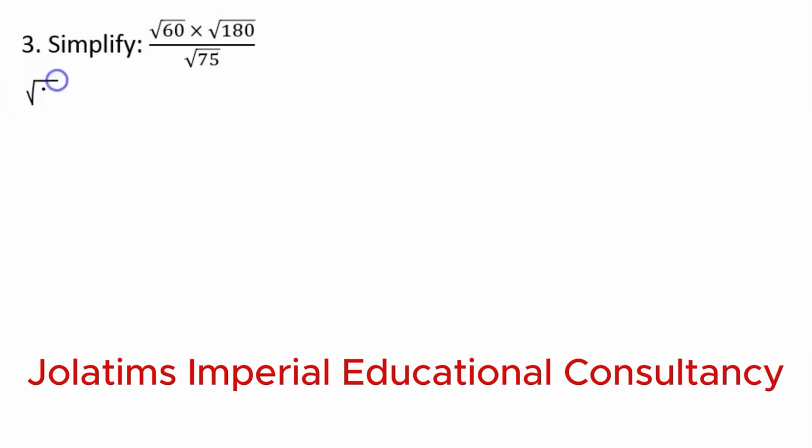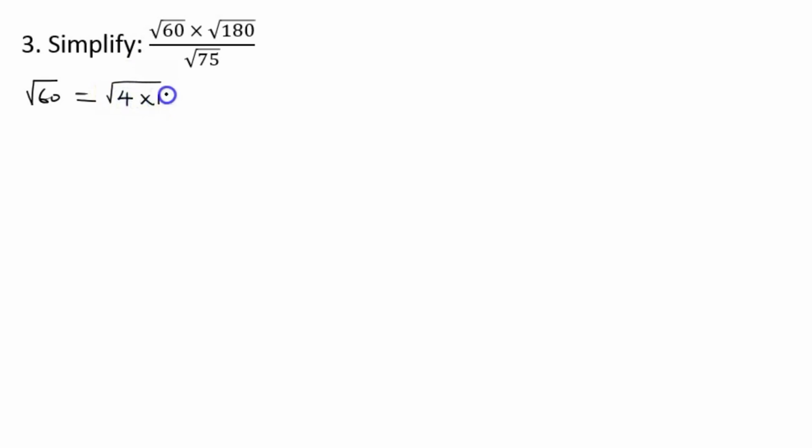All right, we look at 60. Of course, 60, if you divide it by 4, is going to give you 15. I told you the basic thing you do is to try as much as possible to take every surd to its basic form. Every surd must be in its basic form.